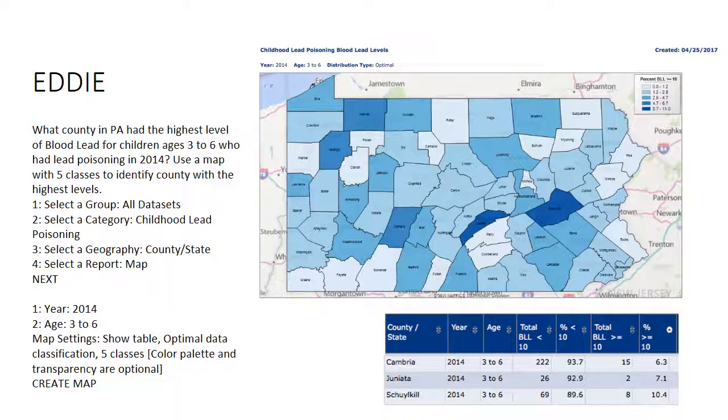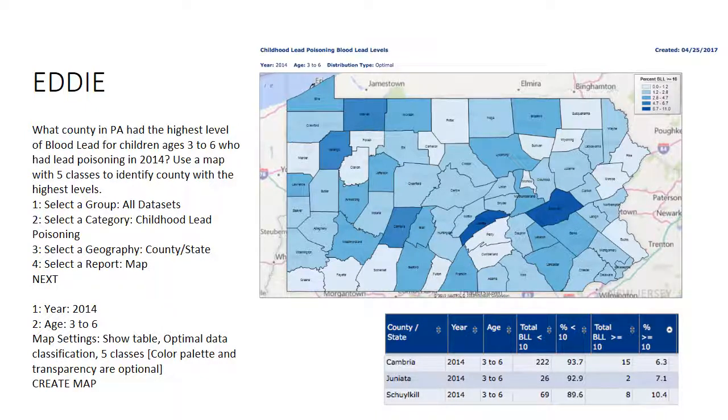Then we'll hit next. On the next screen, we'll enter the year we're looking at, which is 2014. The age group we're looking for is age 3 to 6. In map settings, we want to show the table because we still want to see what the values are, even though the map is going to show us. We want optimal data classification, and we want 5 classes because that's what the question asked for.